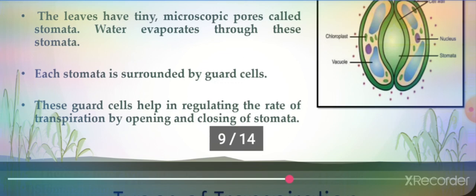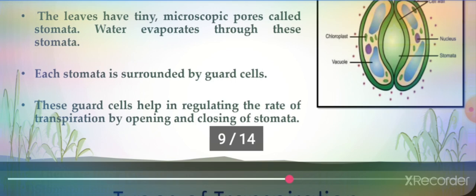So in the daytime, what will happen? In the daytime, water will enter into the guard cells from the subsidiary cells. What are subsidiary cells? They are cells surrounding the guard cells. So what happens when water enters? The same process. Turgor pressure increases.